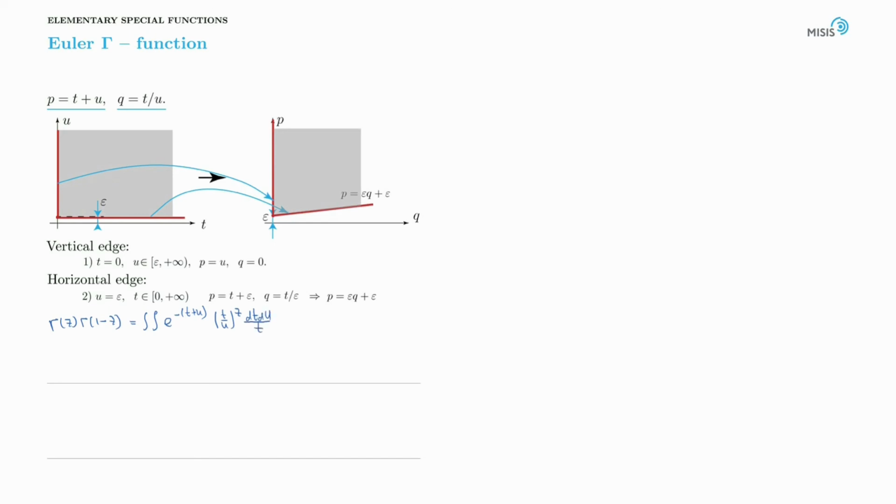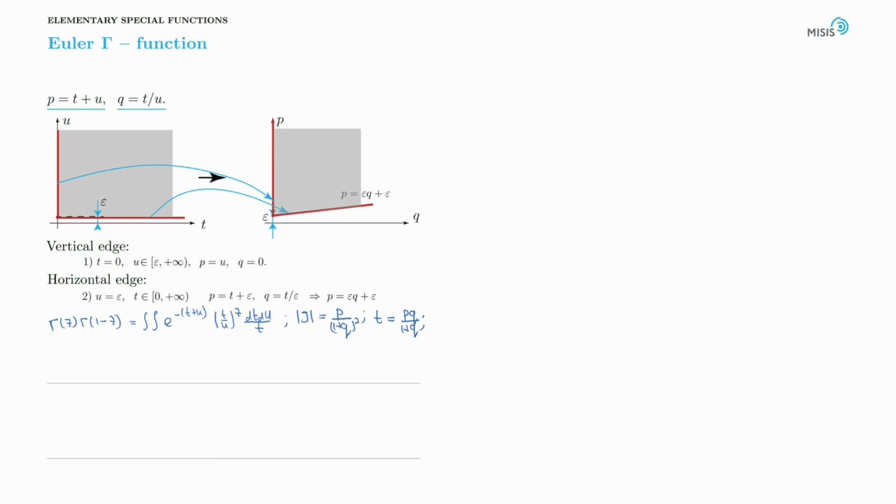And this is our Jacobian, or rather its modulus. And also we'll need the expression for t variable, which is just pq over 1 plus q.